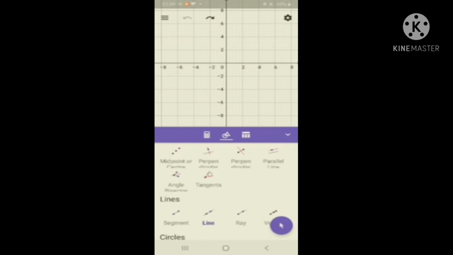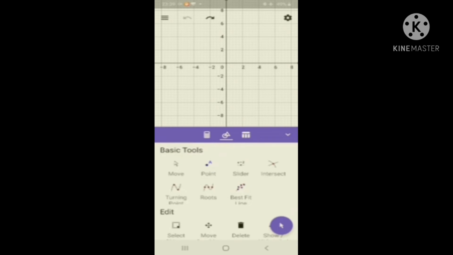By this app we will find the coordinates of the point which you have given and also plot the points which you have given. So at first we find the coordinates of the given point.